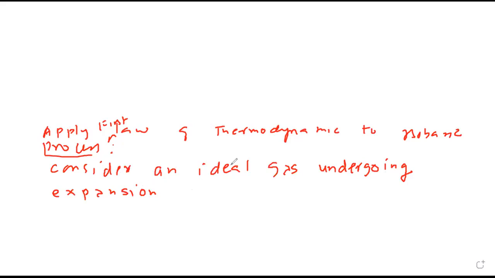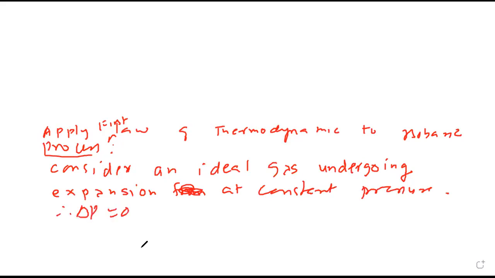Now see, consider an ideal gas undergoing expansion at constant pressure. Therefore, delta P is 0. This much clear?